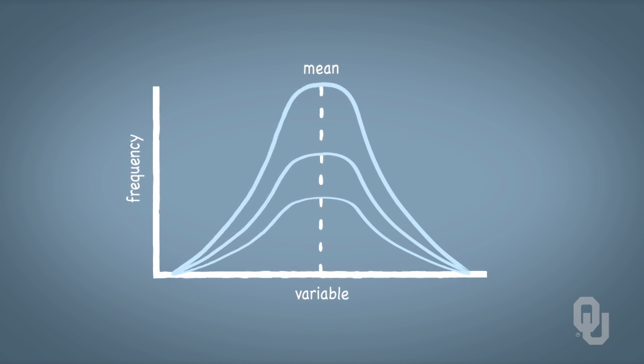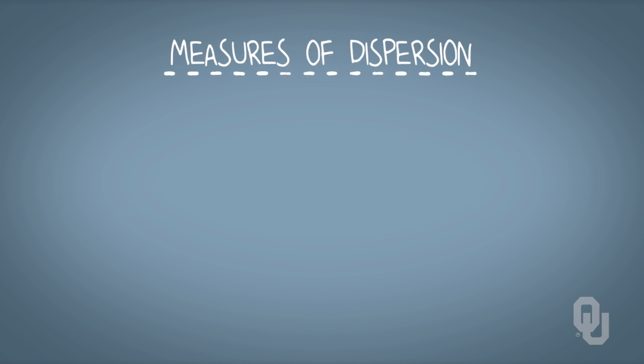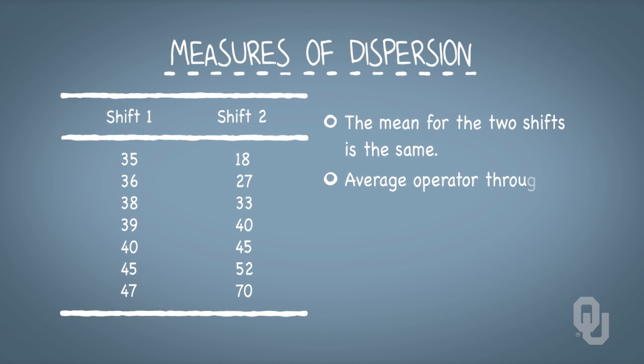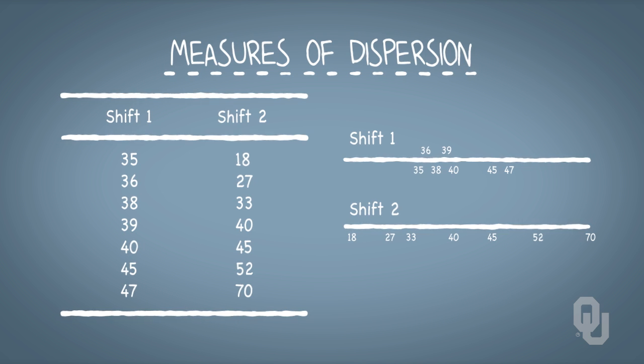For example, let's look at the throughput of the 7 polishing operators collected for each of 2 shifts at Kruger Industrial Smoothing. The mean throughput per shift is the same, with an average operator throughput of 40 completed ball bearings. But if we plot the throughput of each individual operator, we see a completely different story. In shift 1, all operators perform roughly the same regarding their ball bearing output.